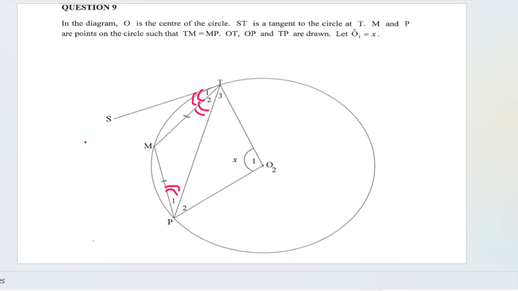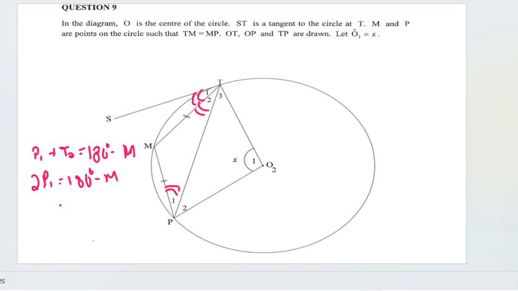In other words, P1 plus T2 equals 180 degrees minus M. Also, we can say that 2P1 is equal to 180 degrees minus M. Why?